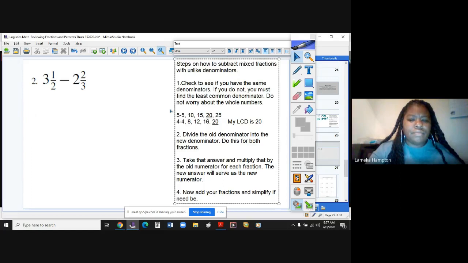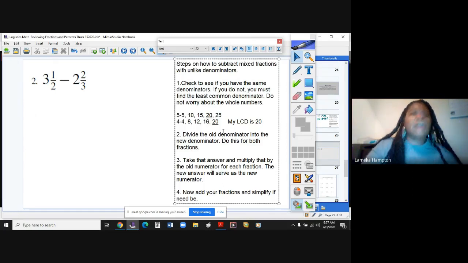All right. So now I'm going to do the same thing. I'm going to follow these steps, but I'm going to add some extra information as it relates to subtracting mixed fractions. So here I'm going to follow the steps, check to see if I have the same denominator, and I don't.